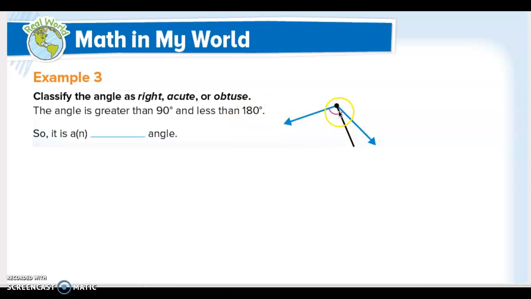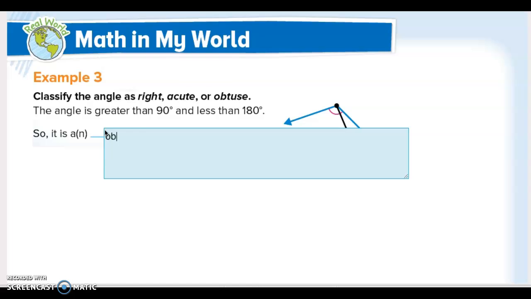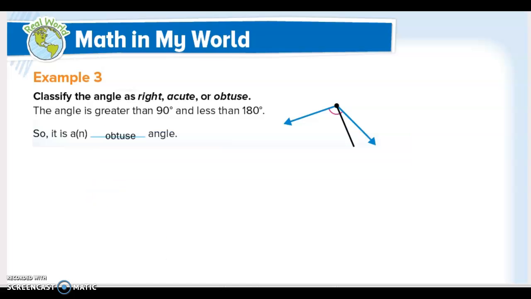So it tells us if this is a right angle, it's continuing larger. Since it is larger than 90 degrees, we call that an obtuse angle. Obtuse means larger than 90 degrees, less than 180 degrees.